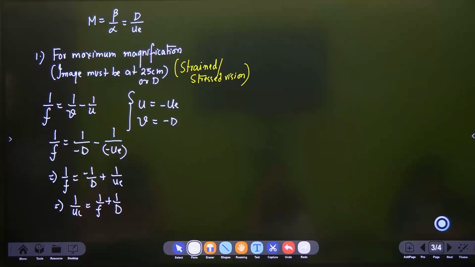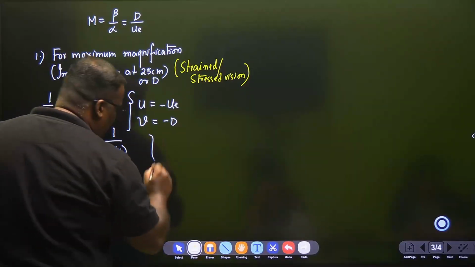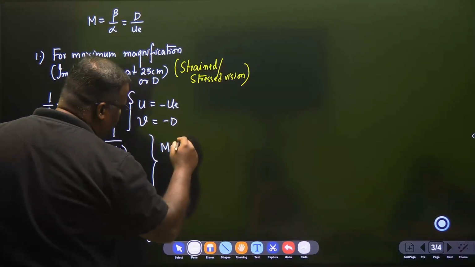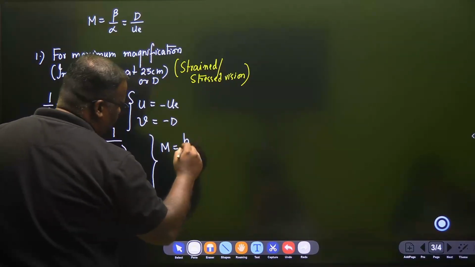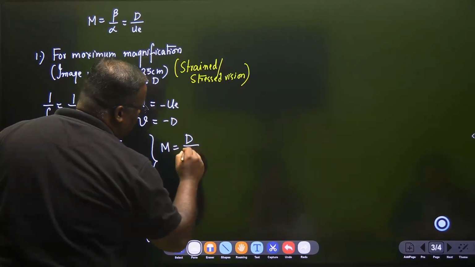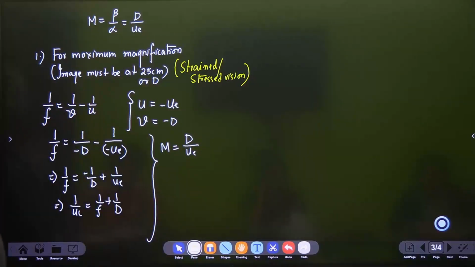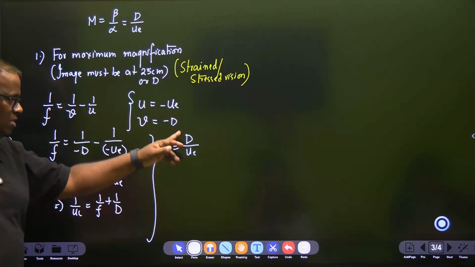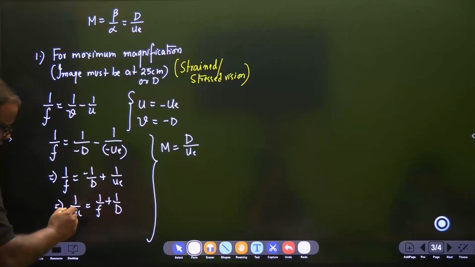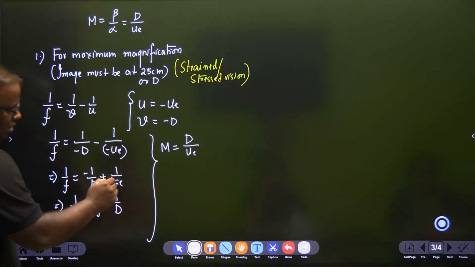Correct? Now what was my formula for magnification that I got? Magnification was given as D by UE. Now instead of UE, I take 1 by UE. You substitute this value of 1 by UE.